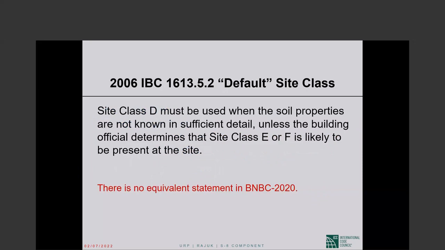AC7 says specifically site class D must be used when the soil properties are not known in sufficient detail unless the building official determines that site class C or F is likely to be present at the site. Now, site class determination we will not talk about, but it is based on measured properties of the soils at the site. And AC7 very specifically says the top 100 feet of the site, 30 point some meters.